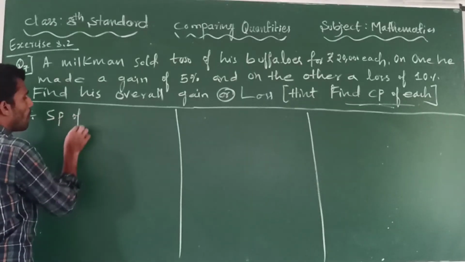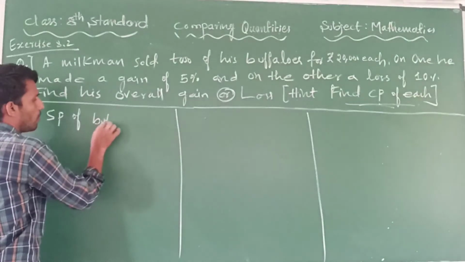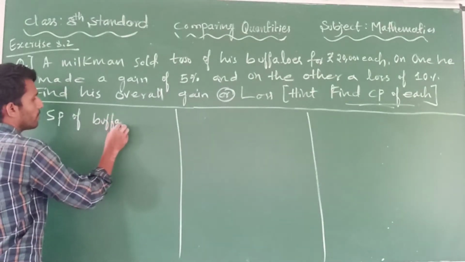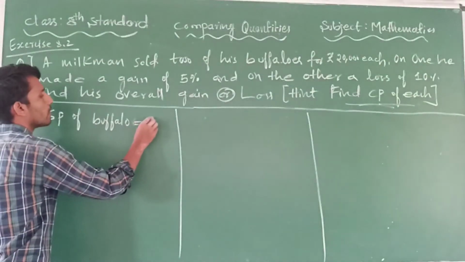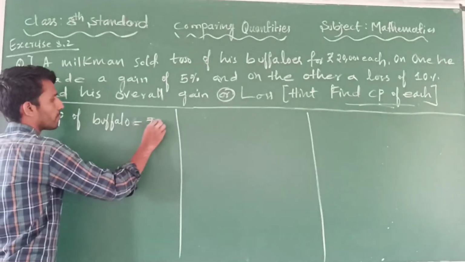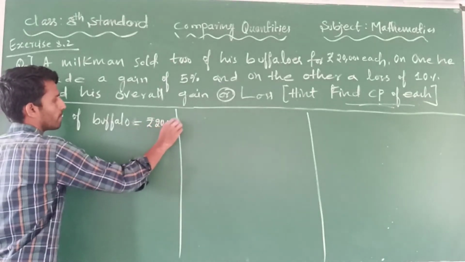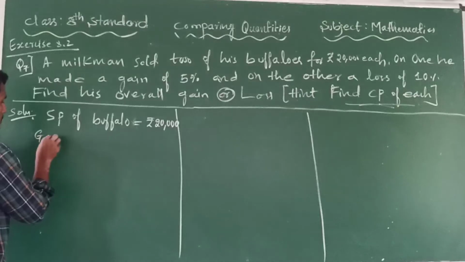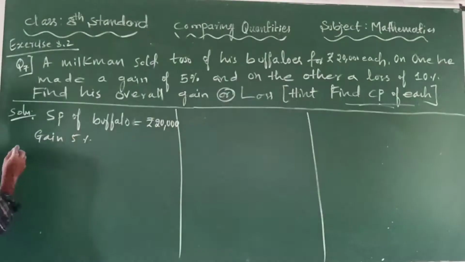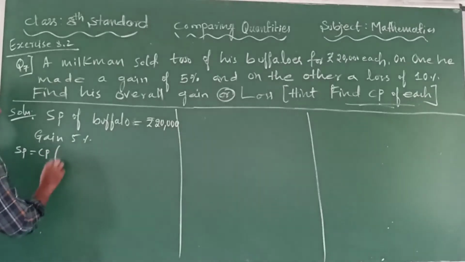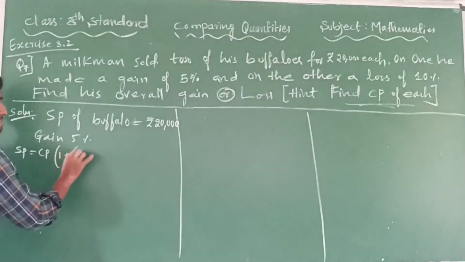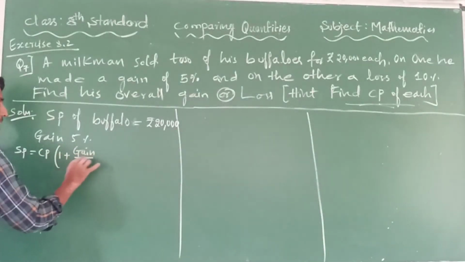Selling price of buffalo is 20,000 rupees. Gain 5%. Selling price is equal to cost price into 1 plus gain by 100.